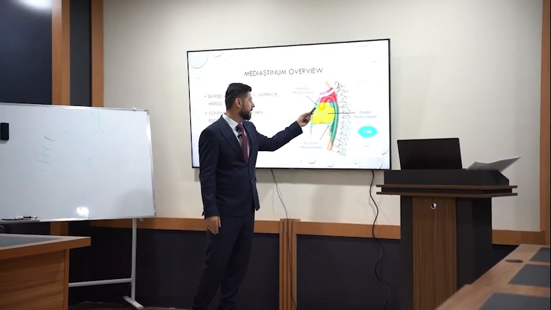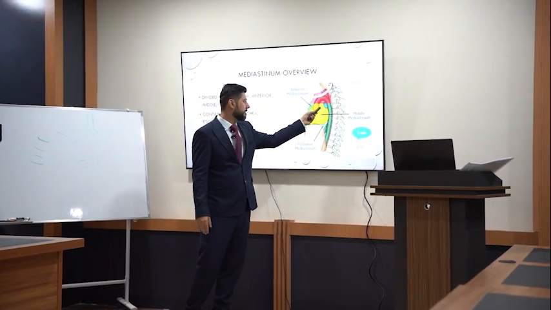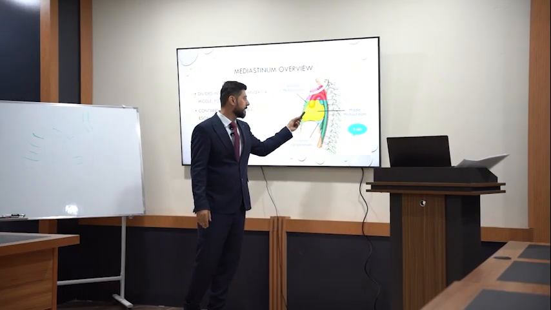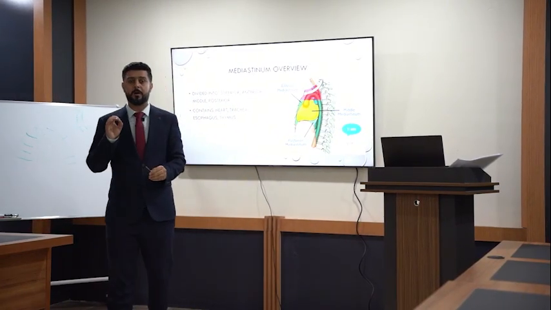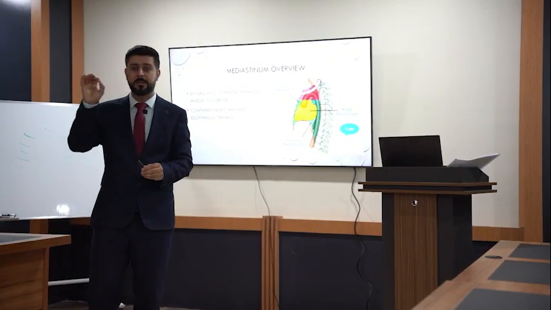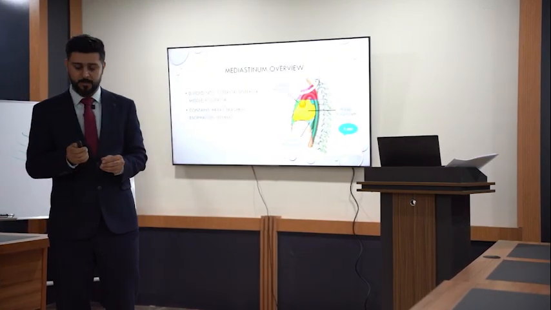So this is the middle, this is the anterior, this is the middle. The yellowish is the middle. The heart, because it's the most vital organ, is located within the middle mediastinum. This is why.